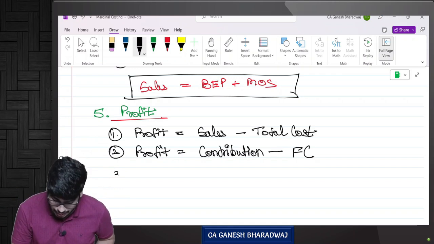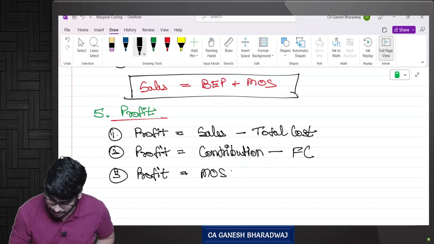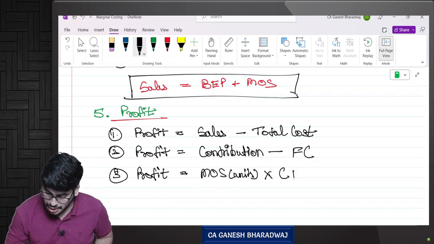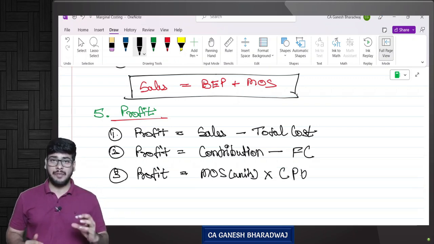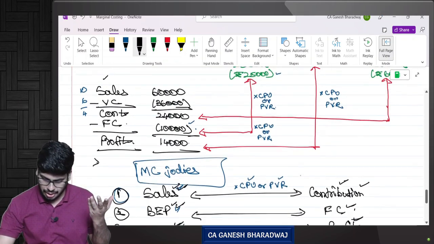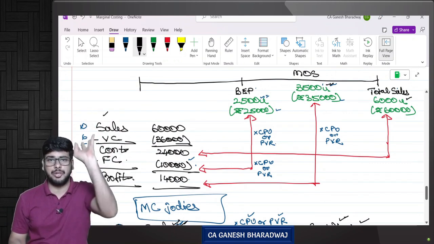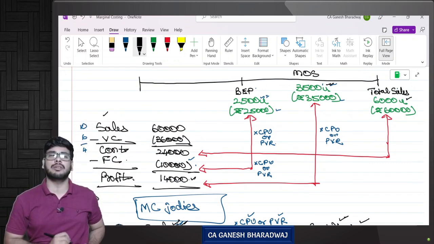Right. 3. Can I say profit is equal to margin of safety in units into contribution per unit? Yes, my profit was purely generated out of the margin of safety units. Correct or not? 3,500 units into 4 rupees per unit contribution, that only is 14,000 rupees.